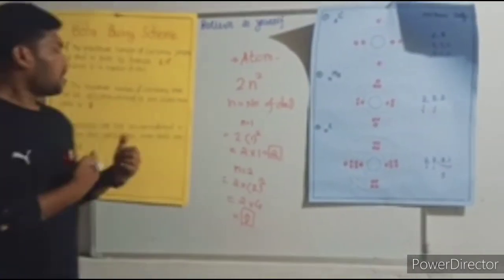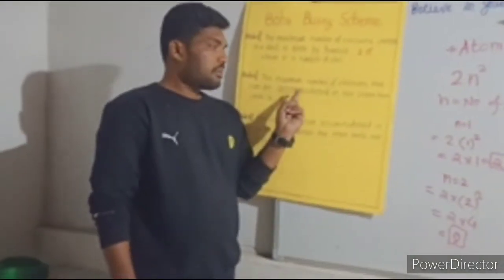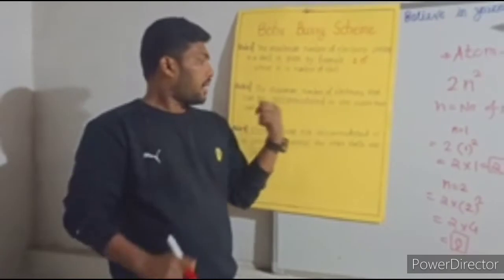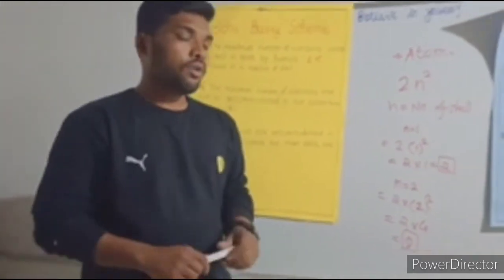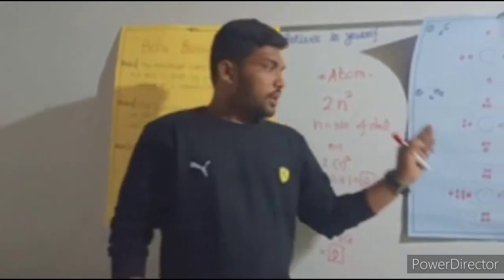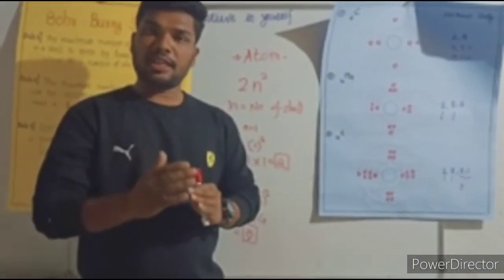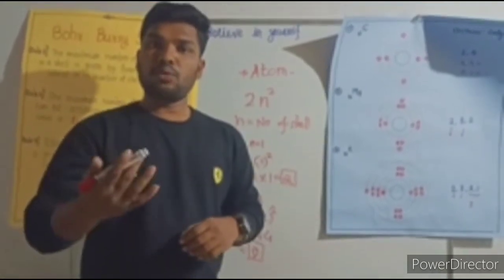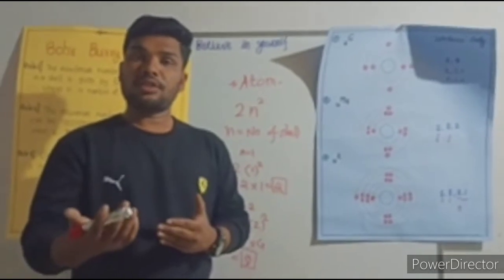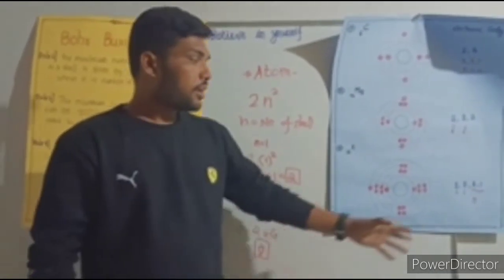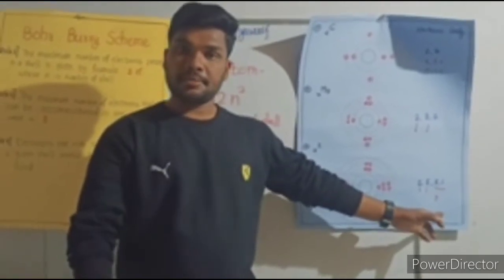The second rule clarifies that the maximum number of electrons that can be accommodated in the outermost cell is 8. We cannot put more than 8 electrons in the outer cell. That's why here we cannot take 9, because the maximum limit is 8.